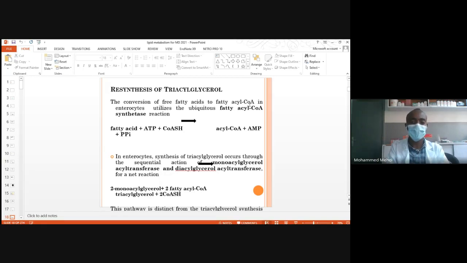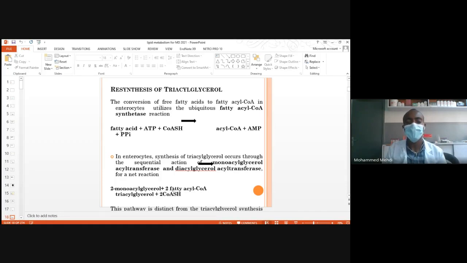Once it is activated, it can be esterified with glycerol, the alcohol functional group, for the formation of triacylglycerol. So the 2-monoacylglycerol is attached with fatty acyl-CoA for the formation of triacylglycerol. Each fatty acid is attached one by one, not at a time.